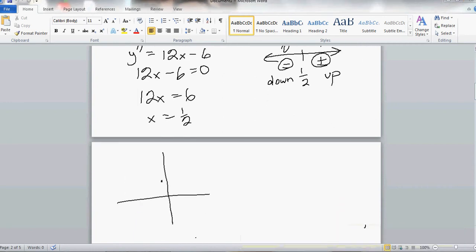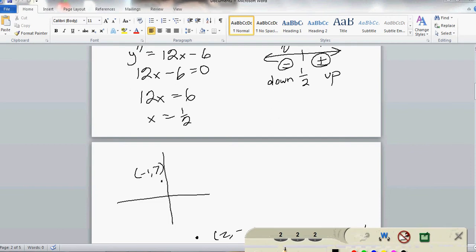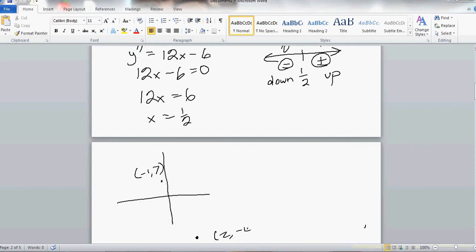Which is way, way, way down here. So negative 1, 7, 2, negative 44. And then I have an inflection point at 1/2, negative 13/2. So I'm going to label that.